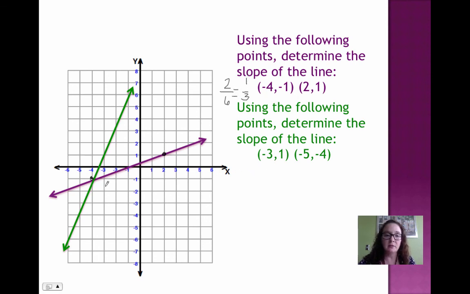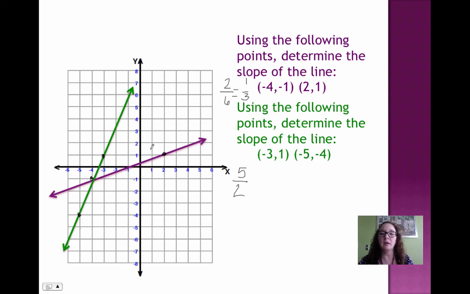And then here, -3, 1, and -5, -4. The change vertically is 1, 2, 3, 4, 5. And the change horizontally is 1, 2.